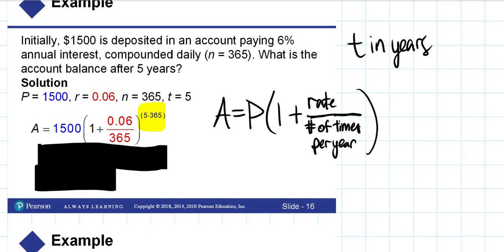Let me fix this parentheses real fast, sorry. And then when you go to your power, you do the same thing. You have to adjust that too. So you have your number of years times the number of times per year.